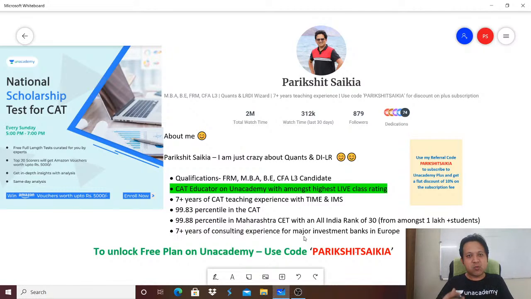And from today, we are starting a new initiative, SNAP, the 100 most important questions for your SNAP. With just over 2 weeks to go for the SNAP, it is very important that you practice a lot of SNAP-based questions, the difficulty level and the kind of topics that the SNAP keeps on asking year after year.